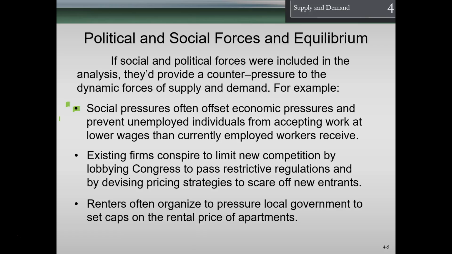And of course, the social pressure is that we want a livable wage on the minimum wage. But if we think about our supply and demand, if that minimum wage is below the equilibrium price, we know what's going to happen. We can see that we're going to have an excess amount of workers that want work, and the suppliers of the work are going to supply less.